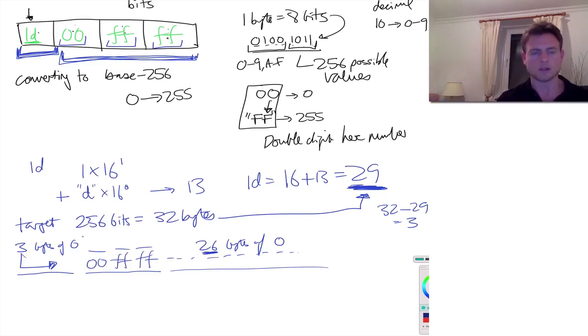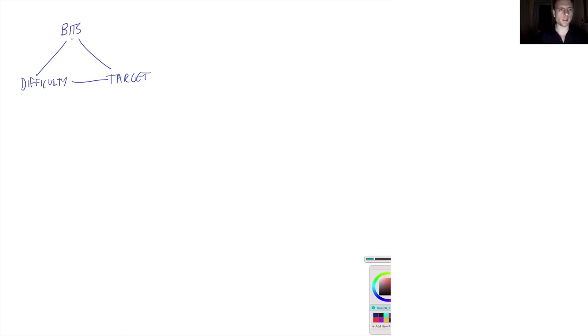So that's how you go from bits to target. So far we've seen how to convert from bits to target. Bits is what we see on every block in the blockchain, and we know how to convert that bits value to the actual hash target in any given block.